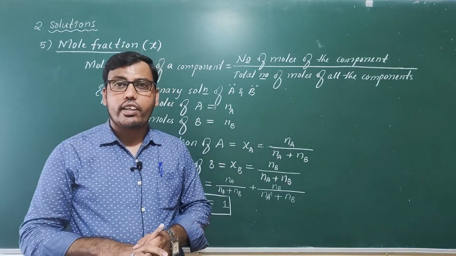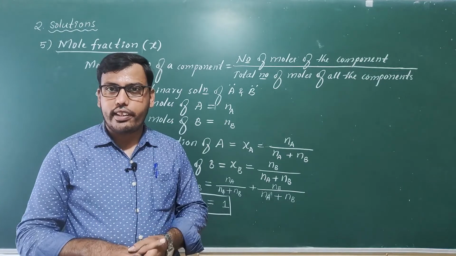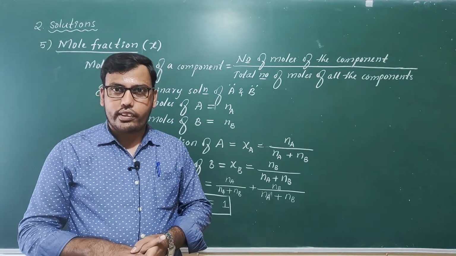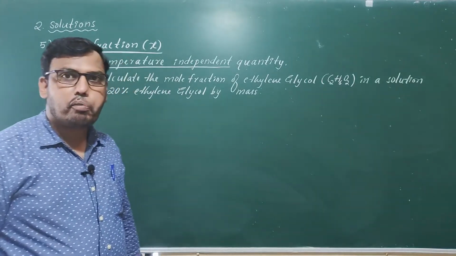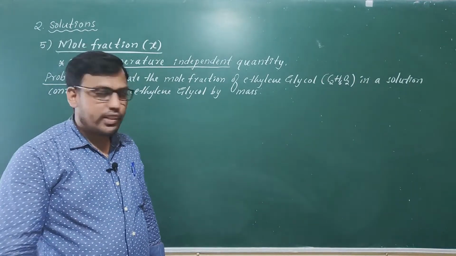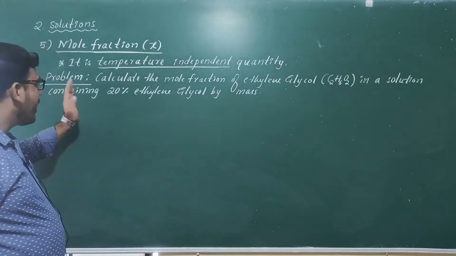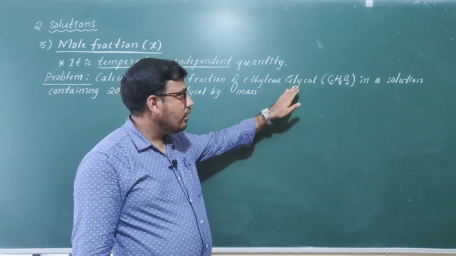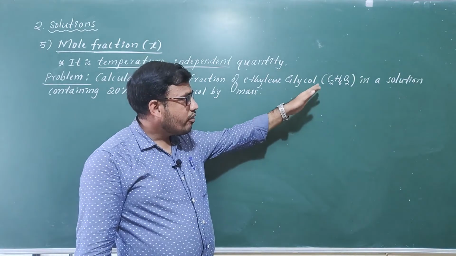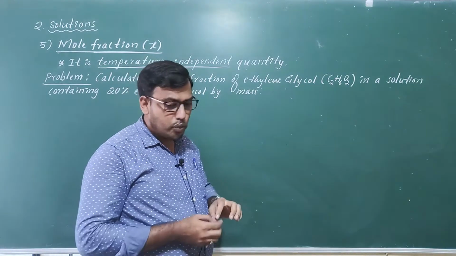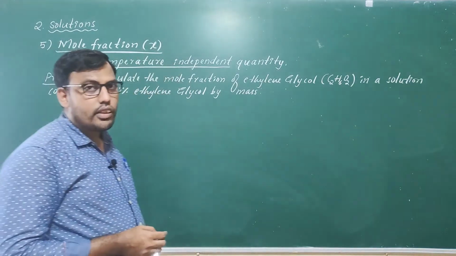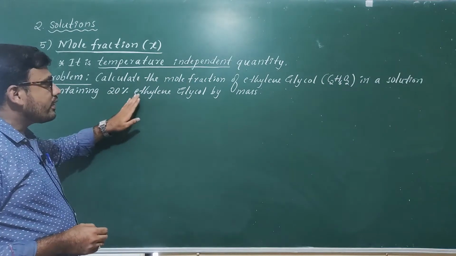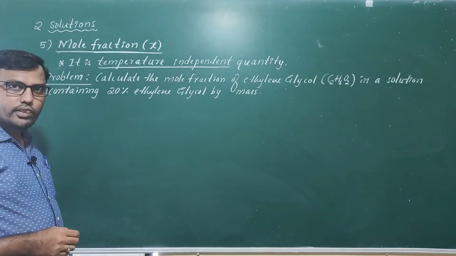So in order to understand this mole fraction and its calculation, let us solve a problem. Here is a problem on mole fraction. The problem goes like this: calculate the mole fraction of ethylene glycol, with molecular formula C2H6O2, in a solution containing 20% ethylene glycol by mass.